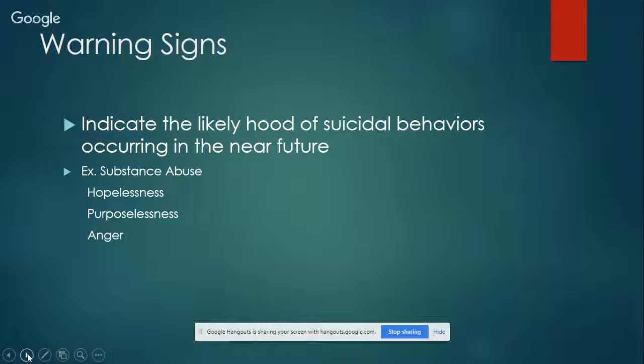For example, according to the VA, substance abuse disorders increase with increasing excessive substance abuse, with alcohol, drugs, and smoking. Another warning sign is hopelessness, which is the expressed feelings that nothing can be done to improve the situation. Purposelessness, and the expressed sense of no purpose and no reason for living.